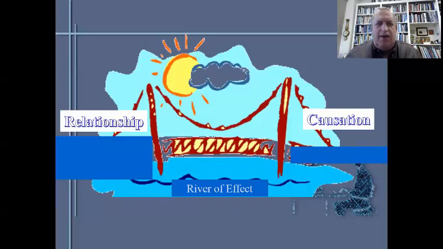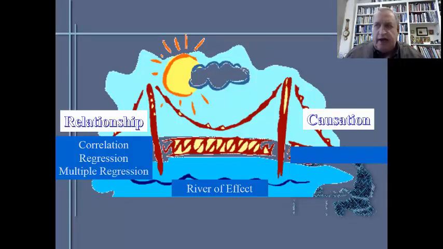Where are we at this point? Well, we have been talking about relationships. And when we look at relationships, we've been talking about the idea of correlation when we were just looking at the relationship between 2 ideas. Regression when we were using the idea of correlation to do predictions, and then multiple regression when we had several independent variables that we were predicting on a criterion variable.